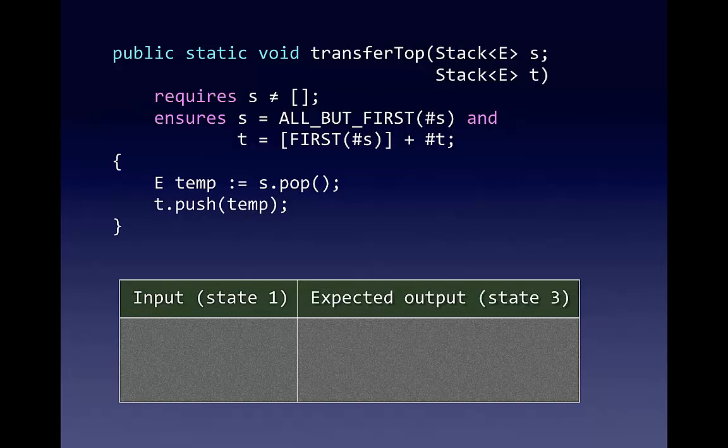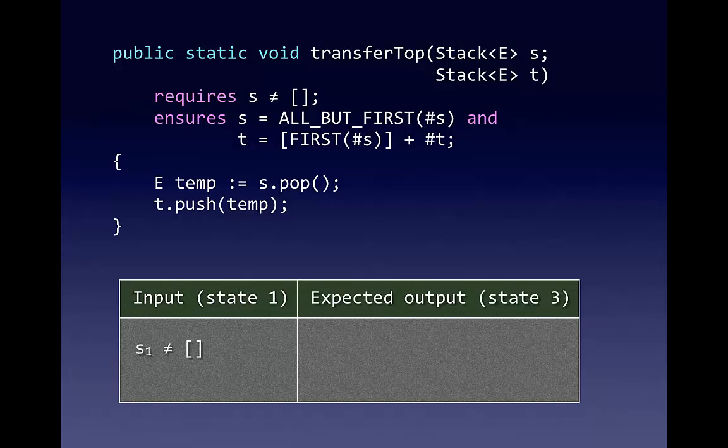Well, we know that S and T are both stack objects. But if you look at the requires clause, you also realize that S cannot be empty. Therefore, under input, we're going to put that S1 is not the empty sequence.